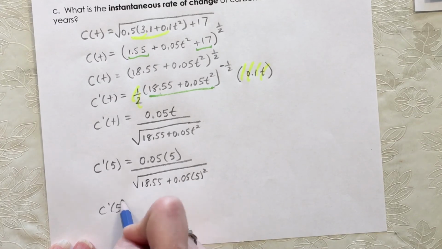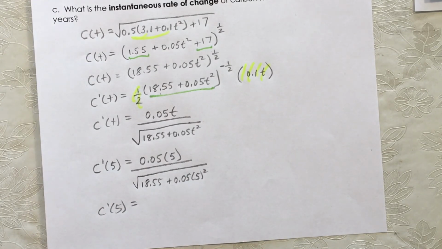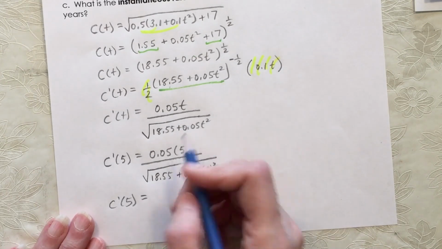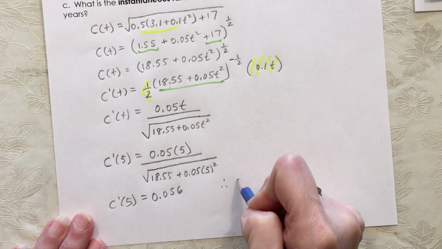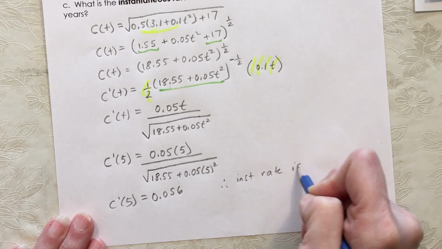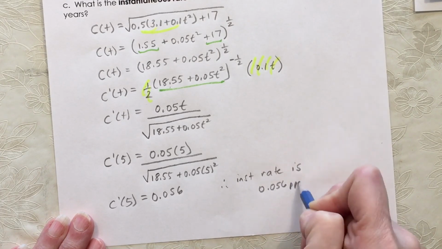If you type that into your calculator correctly, 0.05 times 5 divided by the square root of, actually, I'll scroll back here, bracket 18.55 plus 0.05 times 25, closing bracket, equals, and you get c prime at 5 is 0.056, and therefore the instantaneous rate is 0.056 parts per million per year.